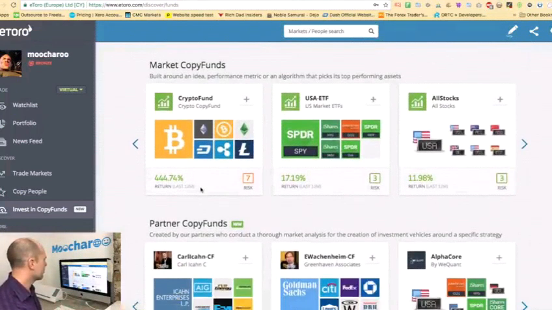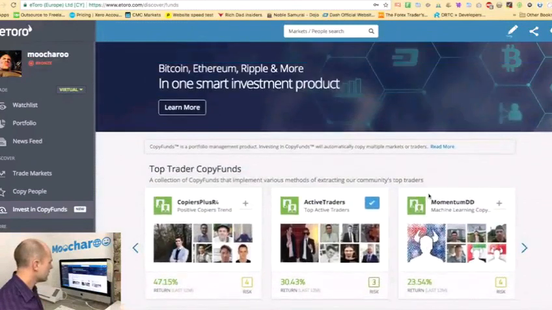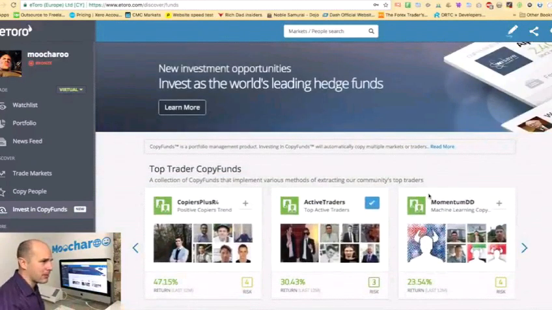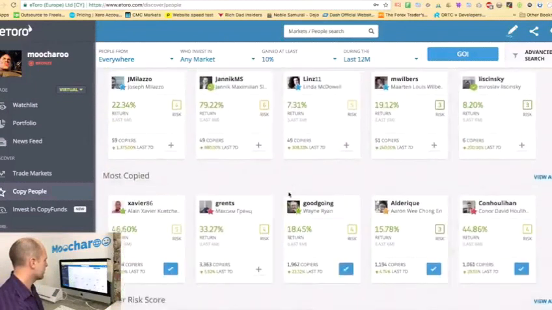So you've got the crypto fund where you buy a basket of all the cryptos, and the same with US ETFs, you can buy a basket of all the ETFs. It's a good idea, but it's not for me.